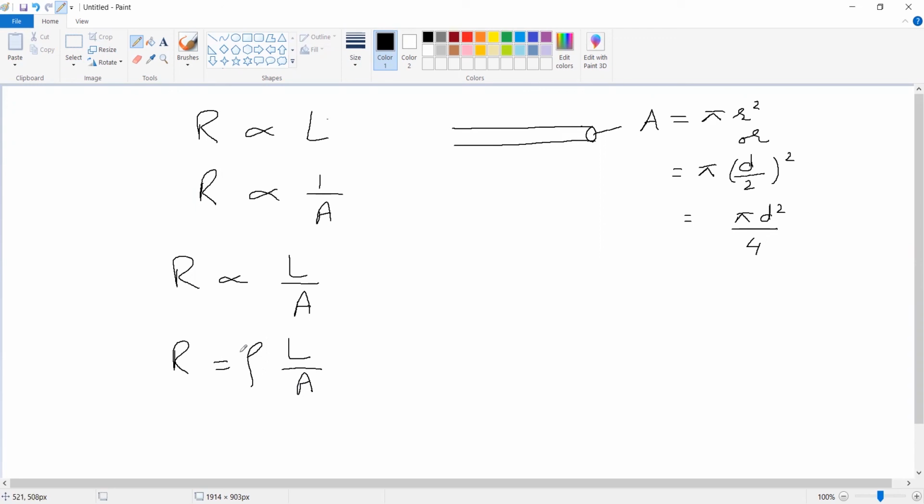But in electricity, this symbol is used for the resistivity. You should know resistivity. And remember, its unit is ohm meter. Resistivity is measured in ohm meter. This is the sign of ohm into meter.